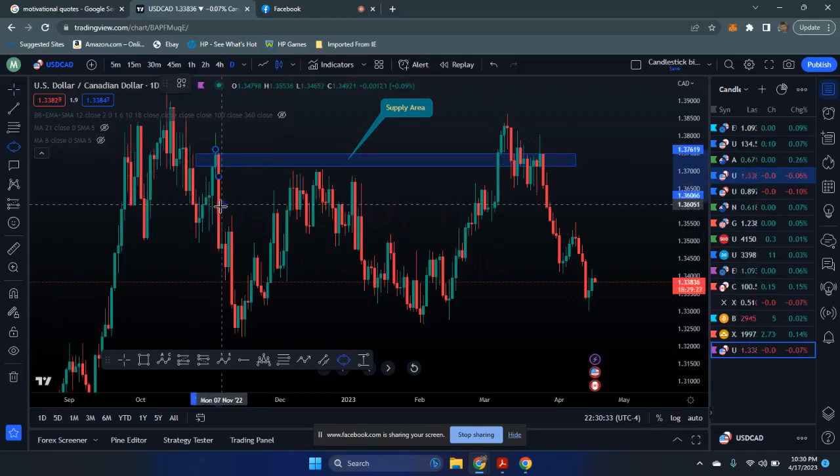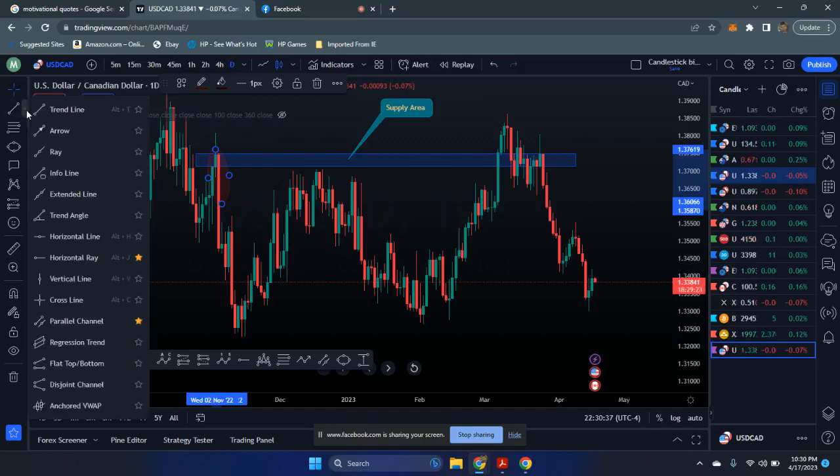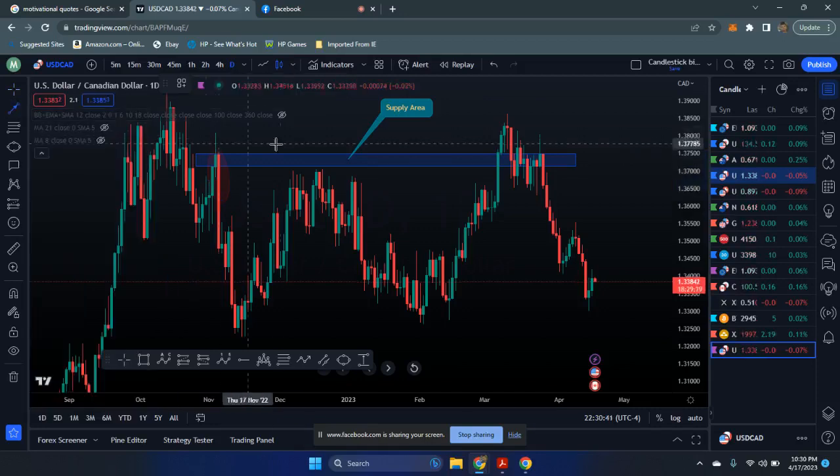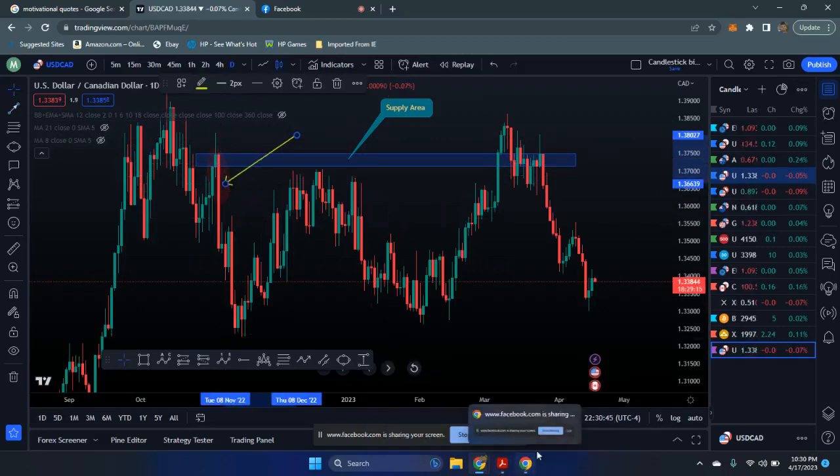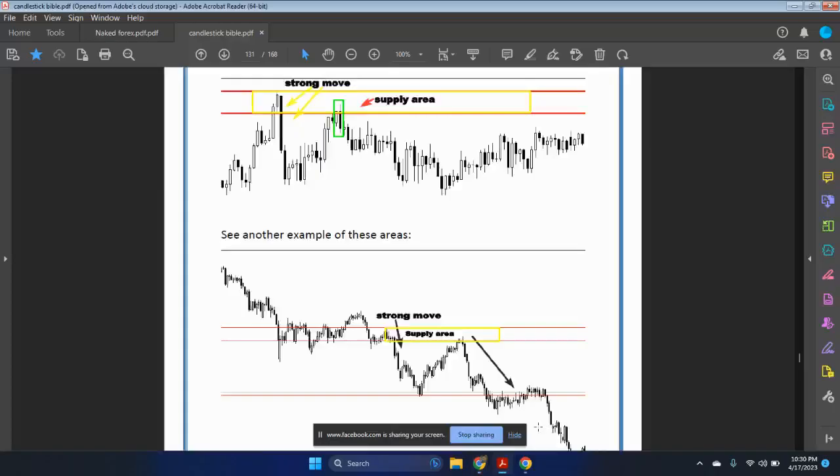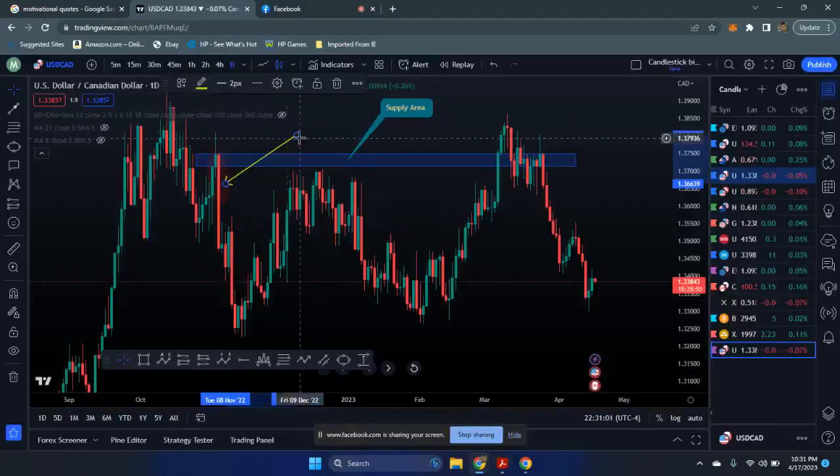This was a strong move, so we're also going to identify that. How many times did they do it? I think one time. This whole thing is a supply area, and then we have that bearish engulfing again.